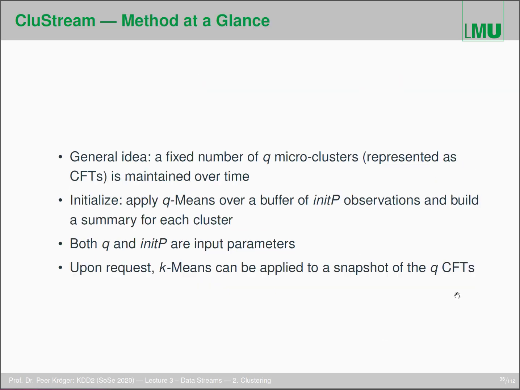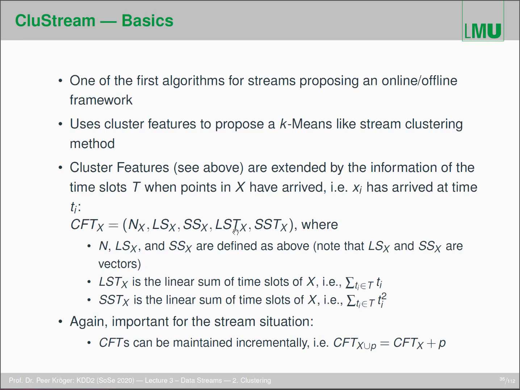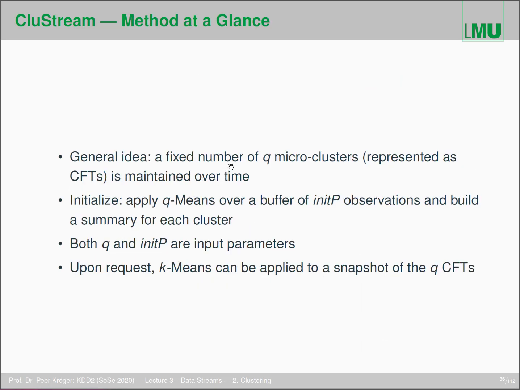So now, how is CluStream working? Just a brief overview first. The general idea is that a fixed number of microclusters, the parameter here is Q, are maintained over time, and all the microclusters are represented as temporal cluster features by those 5 values here. So for each of the Q microclusters, we maintain the 5 temporal cluster features.